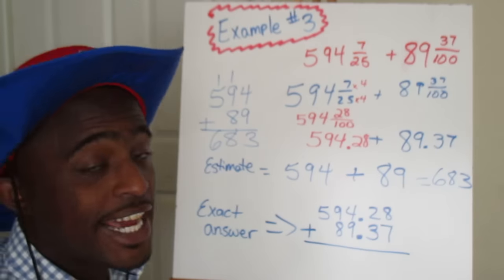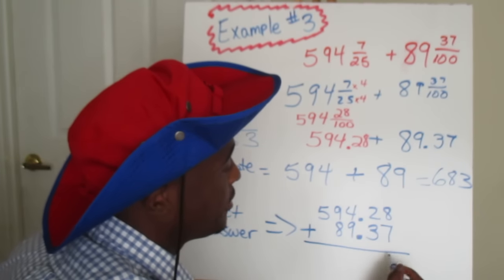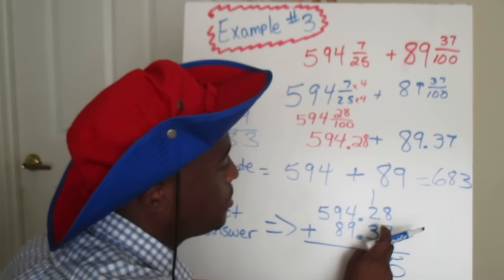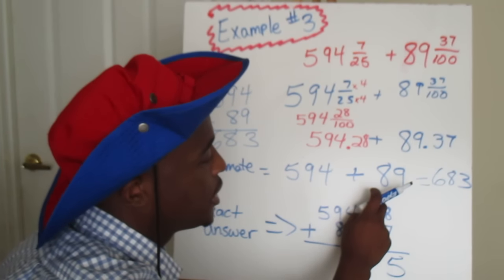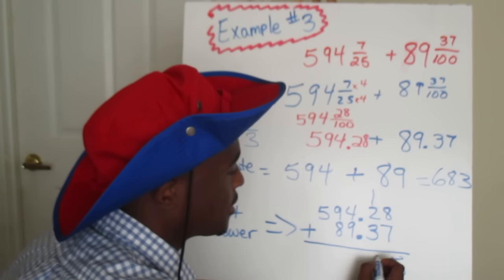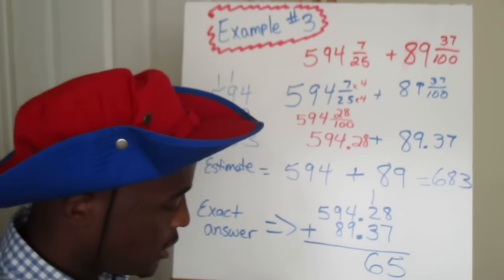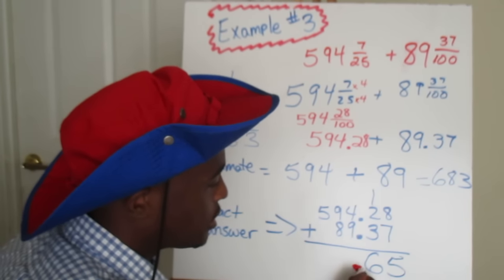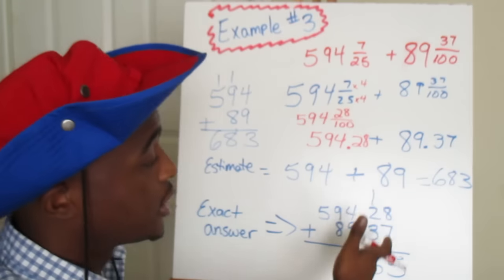And now I add like normal. 8 plus 7 is 15. 3 plus 2 is 5, plus another makes 6. My decimal just drops like a rock. It just drops straight down. Your decimal does not change.